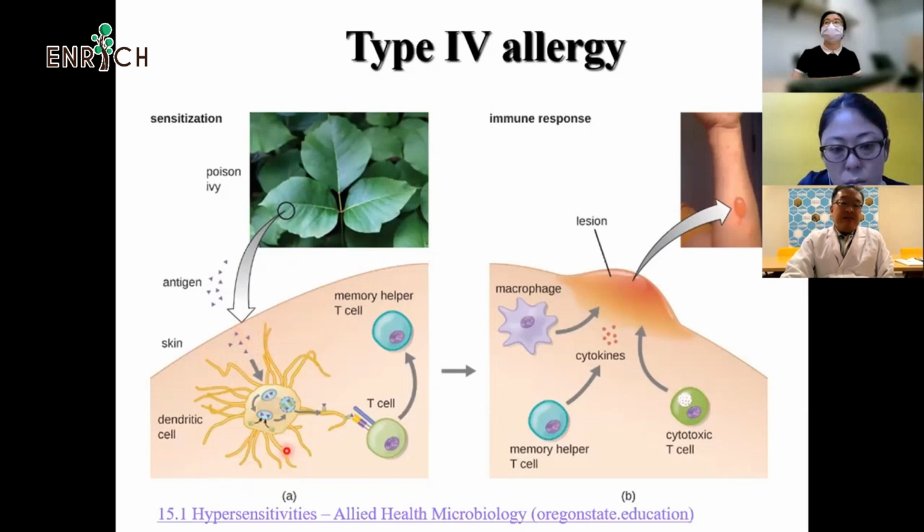After that, the information from dendritic cells is transmitted to memory helper T cells. Finally, memory helper T cells, cytotoxic T cells, and macrophages release cytokines. These cytokines induce lesion, inflammation, and edema in our skin. These are basic mechanisms of type 4 allergic reaction.